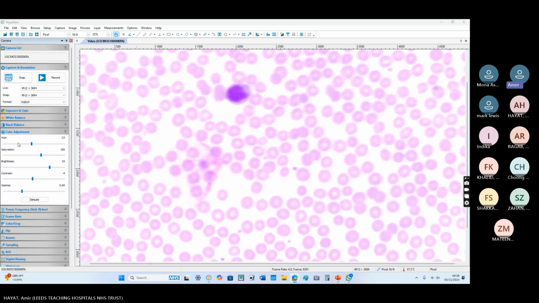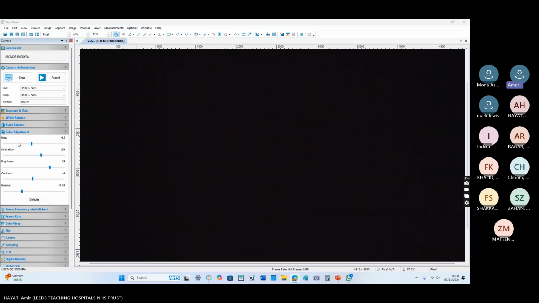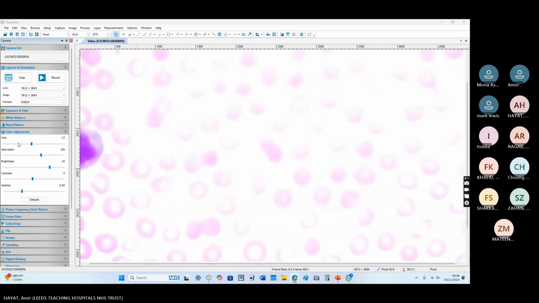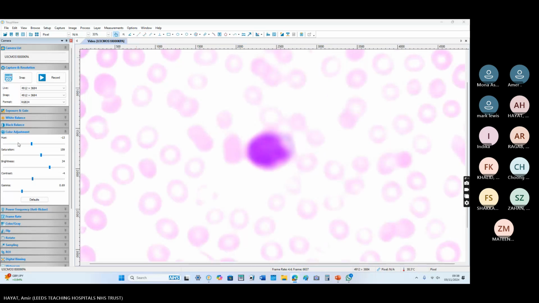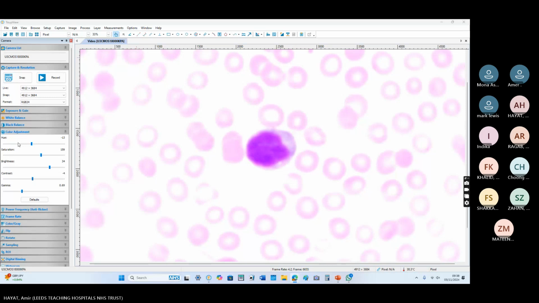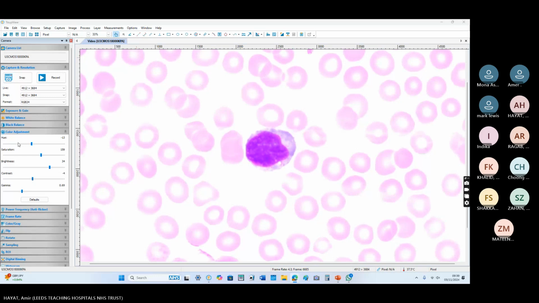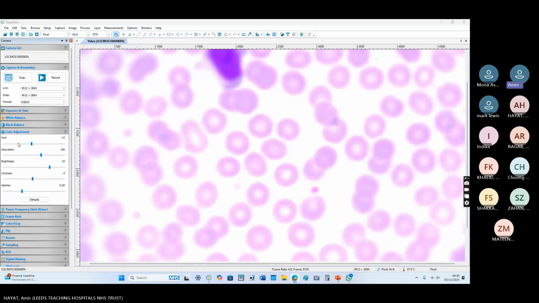What about this cell? Make it more clear, please. Any thoughts about this one? Or this one?